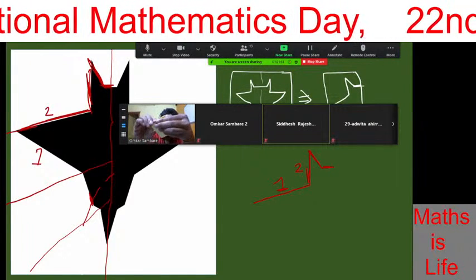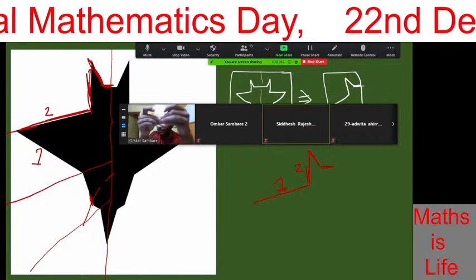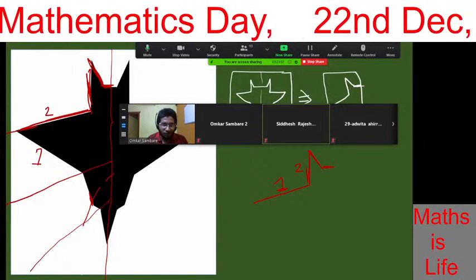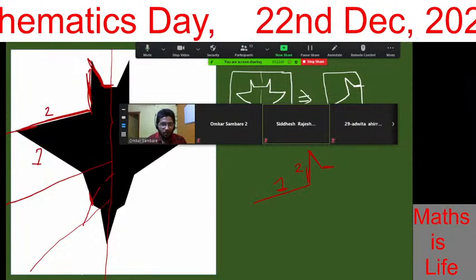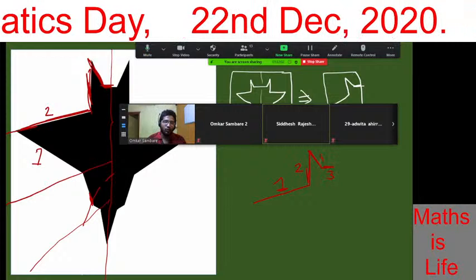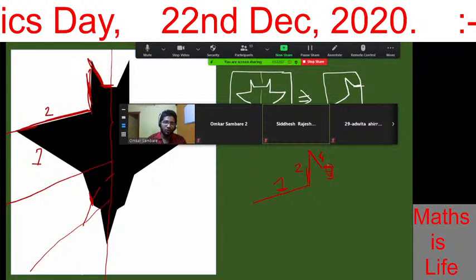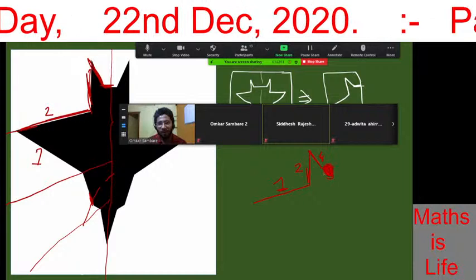Okay, why is it not getting folded? Okay, now it is folded. Now on the right side, I am showing, we have folded line 3 and line 4. So line 3 is no more visible. It is overlapped on line 4.